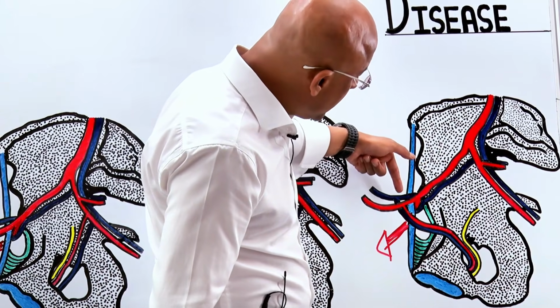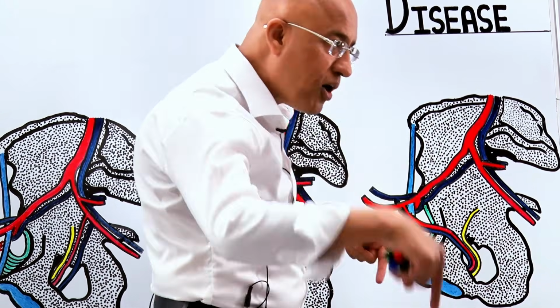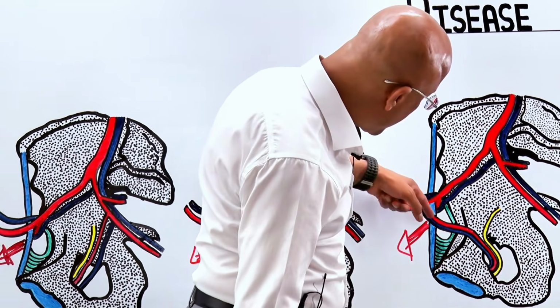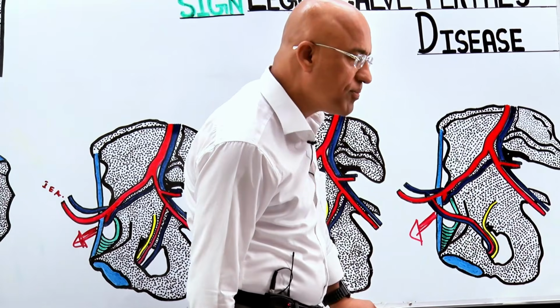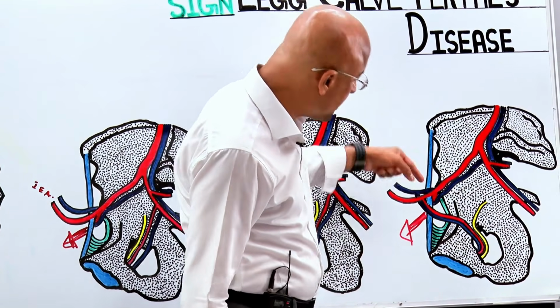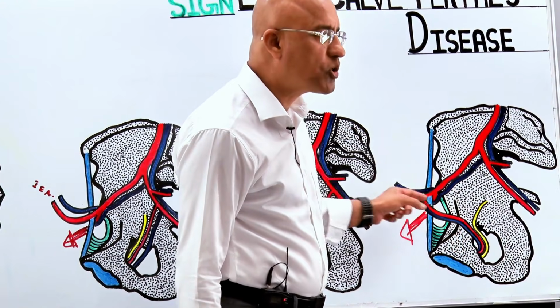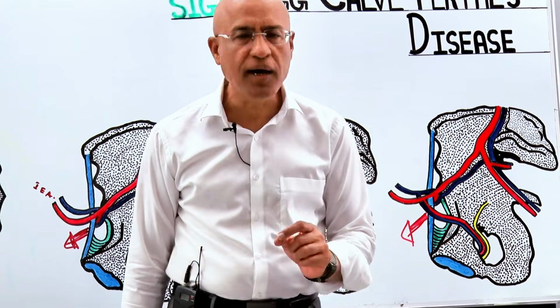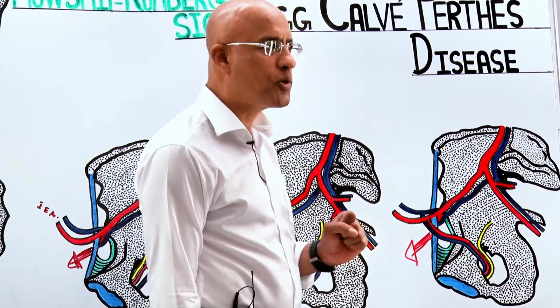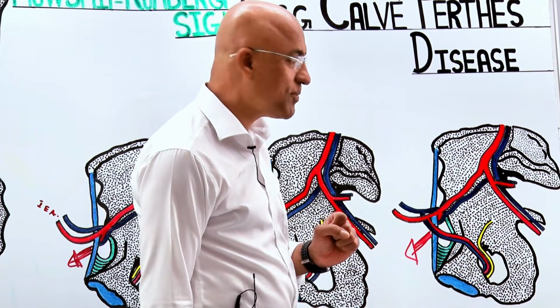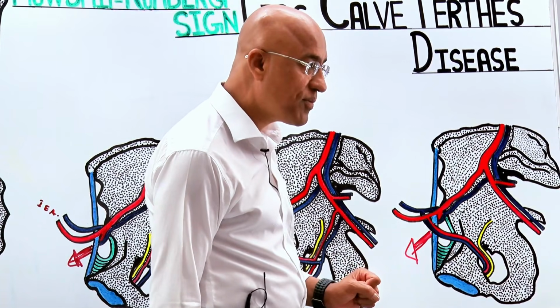From there, like a snake, it falls down, right? And when it is going downward inferiorly, it is taking a shortcut to reach the obturator foramen, right? Every shortcut in life is not good. This shortcut is also not good.